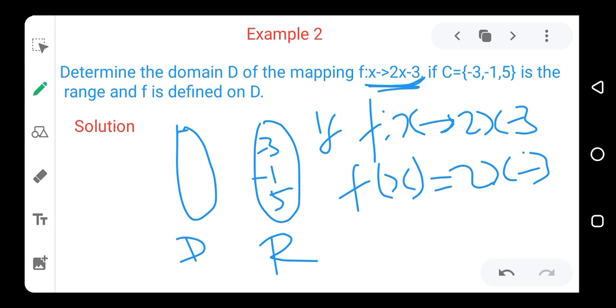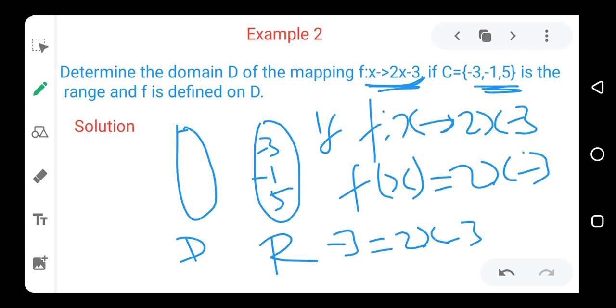Now that means that we are already given the f of x, that is the range. So all these values here are different f of x. So when we pick minus 3 as the first f of x, then we have that minus 3 is equal to 2x minus 3.